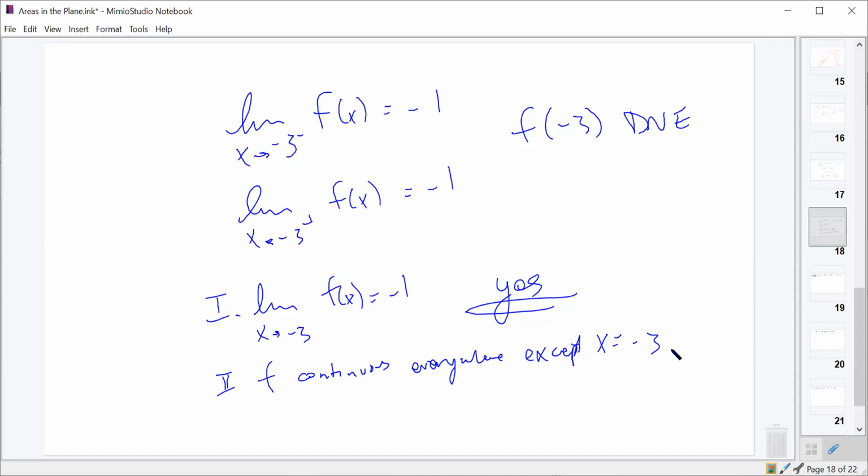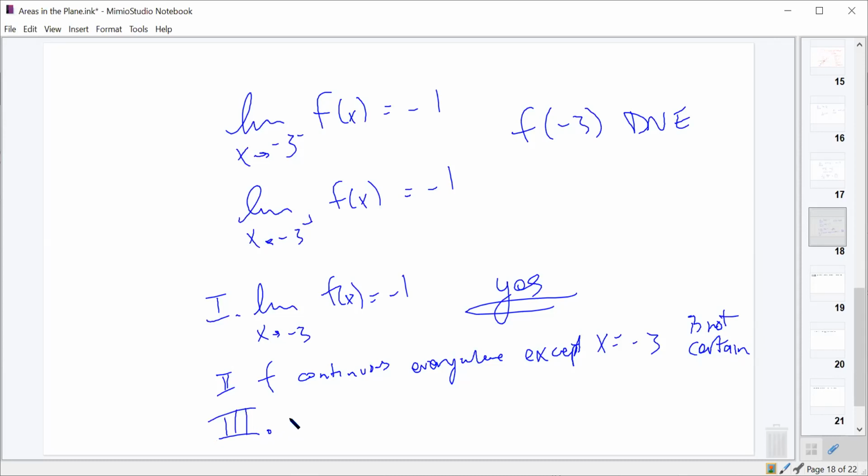It doesn't say f is a continuous function except maybe at -3, right? So this is not certain. We don't know for sure if that's true. It could be true, but we're not guaranteed from the information given to us.